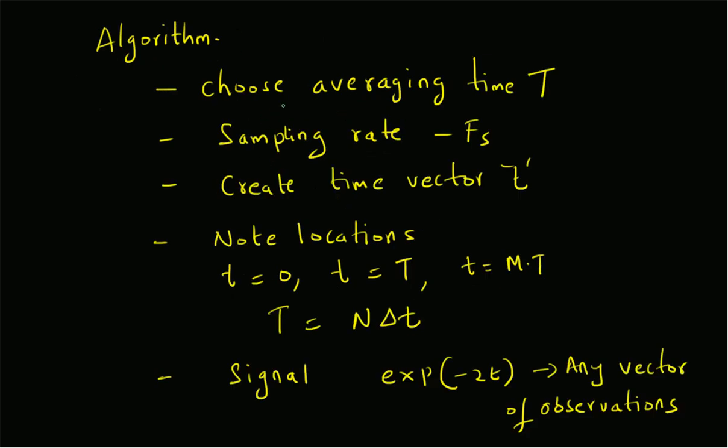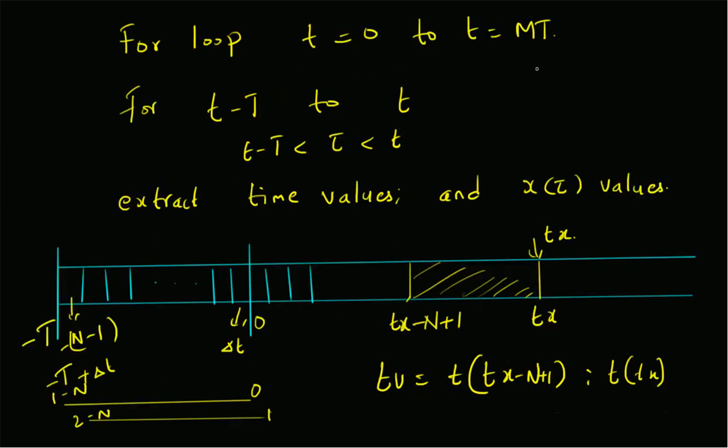The algorithm has the following steps: we choose the averaging time and sampling rate, create the time vector, and note the locations of important values of time. For validation we choose a particular signal, say exponential of minus 2t, and then we write the for loop. In this for loop, the most important thing is to note the values of the time vector and the corresponding signal.